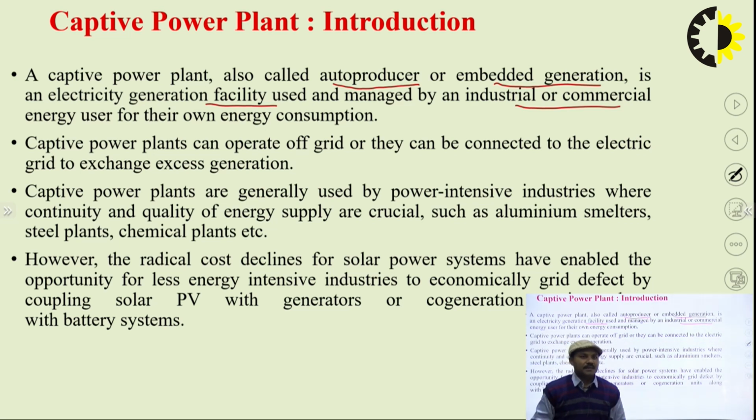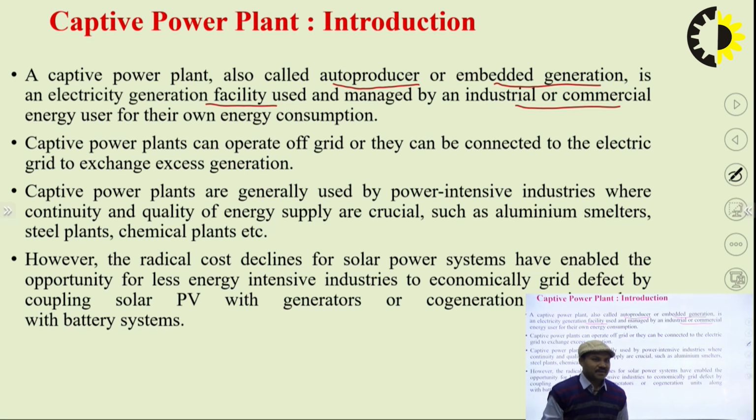So, normally captive power plants are constructed for their own purpose. They are normally not constructed for transmission purposes, but sometimes there may be a case where the energy generation is much more than the demand, and then the excess energy can be supplied to the grid.